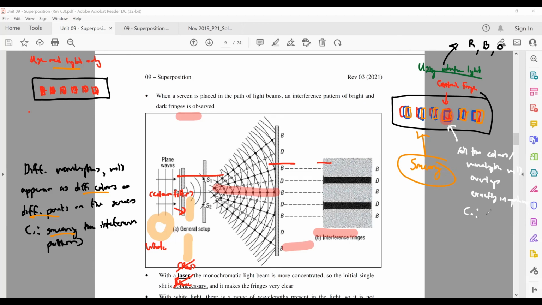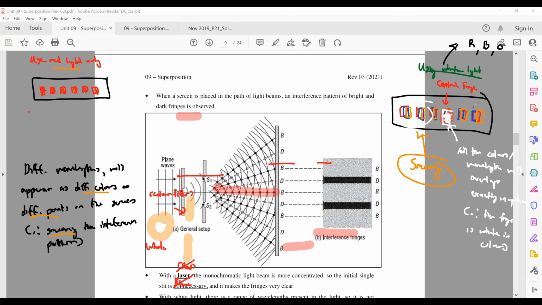Therefore, the fringe is white in color. Because all the colors overlap at exactly the same point, they will combine back to give you white. Let's just say that this one was the white central fringe. If you use white light, you're going to see the same white light here.